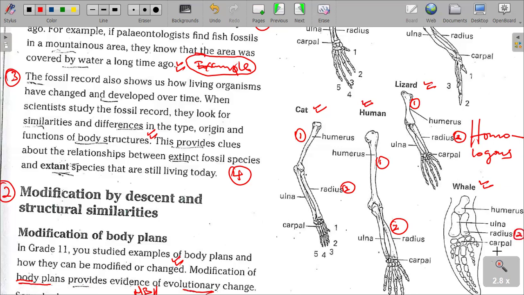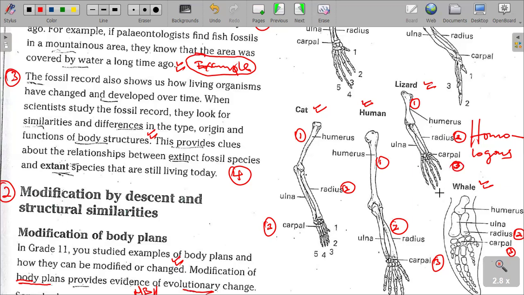You understand? Without wasting any time, I can even go on to mention the thumbs or the fingers that are shown here. I can also mention number 3, the carpal, which we have in this one, on the whale, and on the lizard.